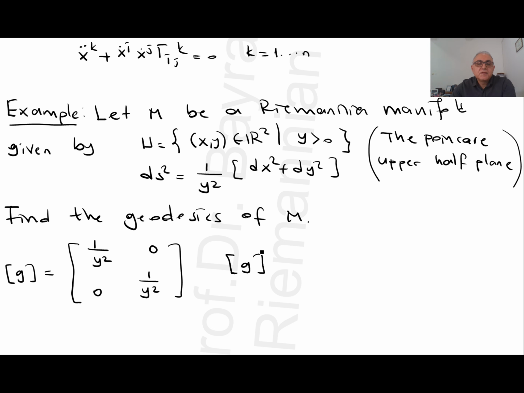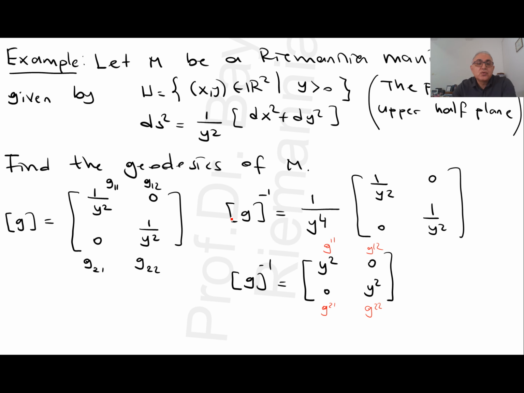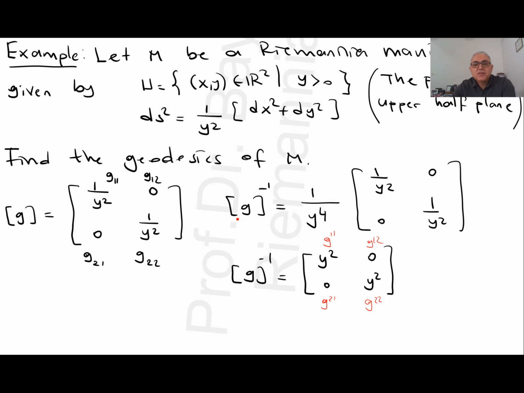The inverse of this metric is 1 over the determinant of g, which is y⁴, times the adjoint matrix, 1/y², 0, 0, 1/y². So g inverse will be y², 0, 0, y². These are g11, g12, g21 and g22, and you see g12 and g21, which are the same, are 0.